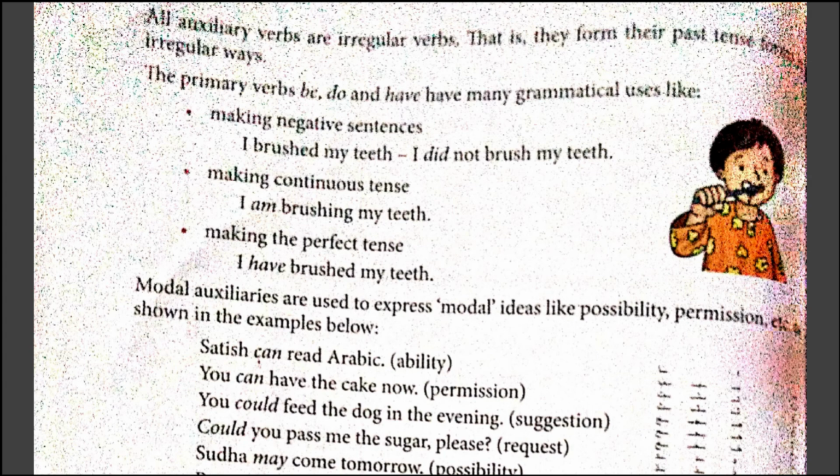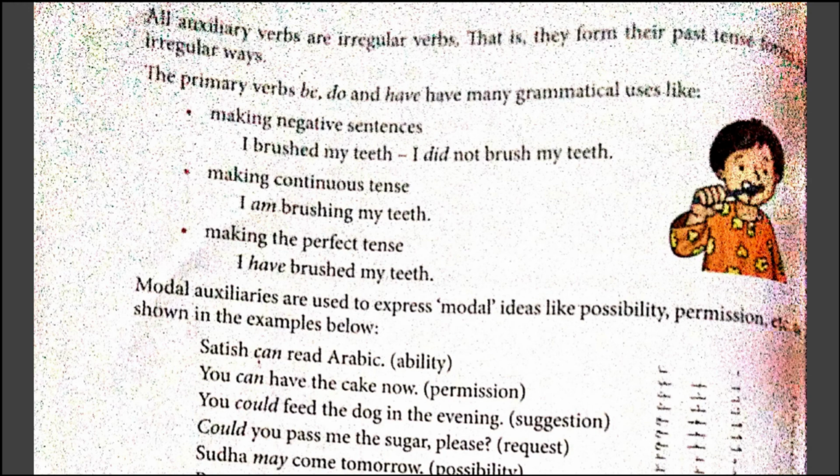Next, you can have the cake now. Here you are giving permission, so you use can. Third, you could feed the dog in the evening. Here you are giving a suggestion, so you use could. Next, could you pass me the sugar please? Here it's a request, so you use could.